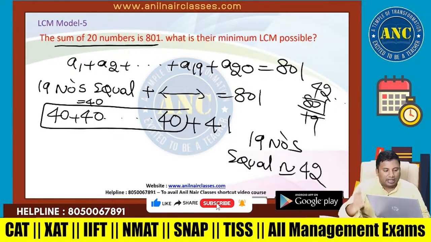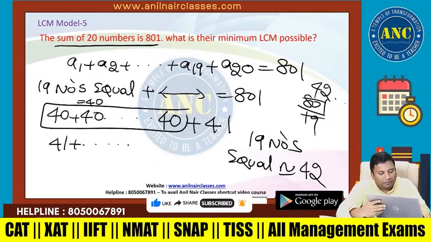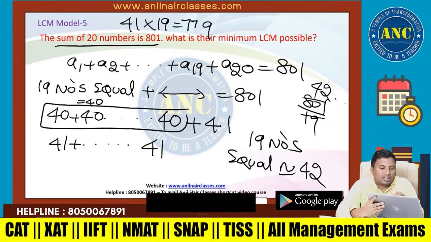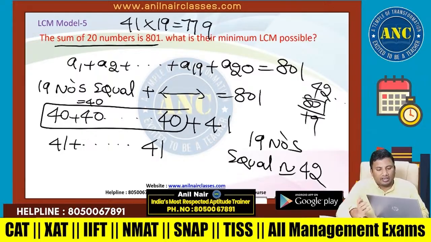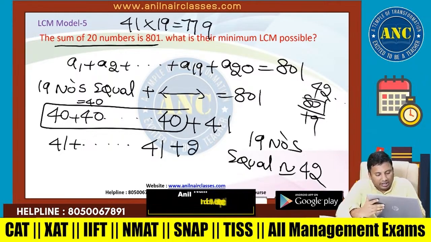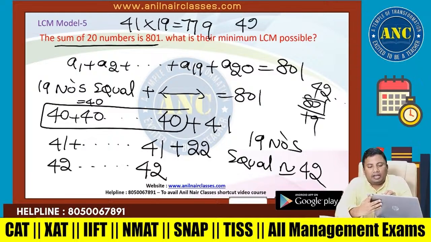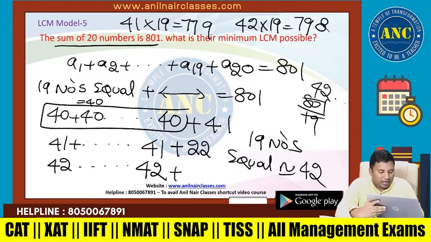I took 40. Let me take 41. 41 added 19 times is 779. 779 plus 22. Next number could be 42. 42 into 19 is 798, plus 3.